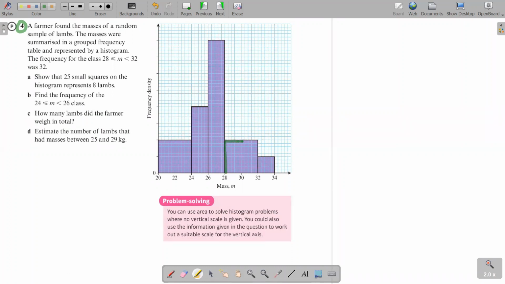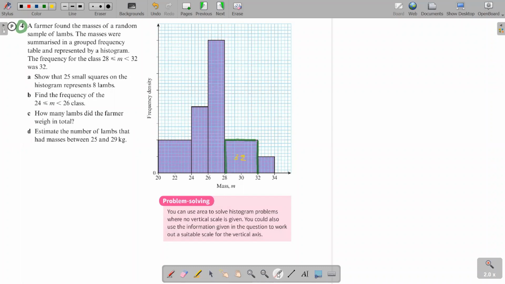So for this bar, they say the frequency is 32.